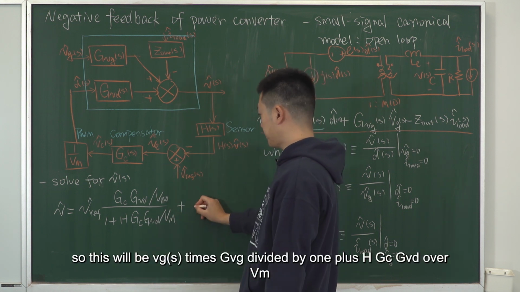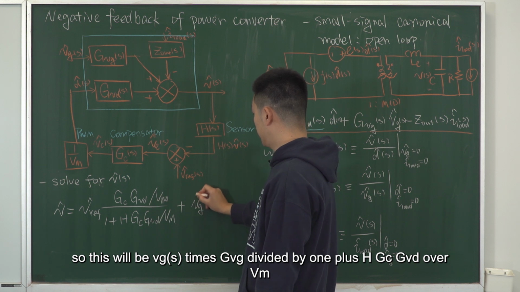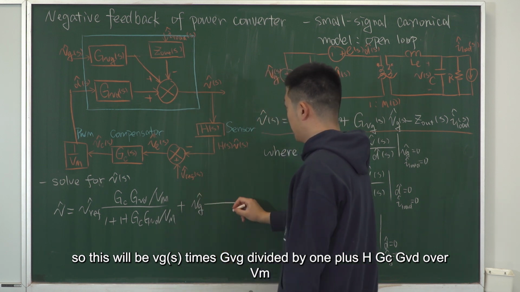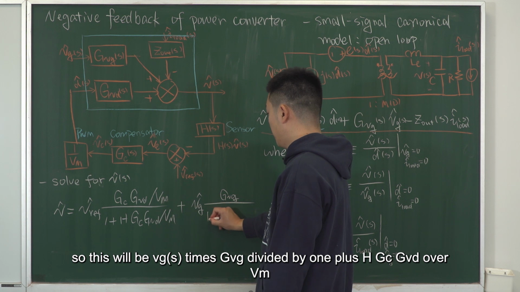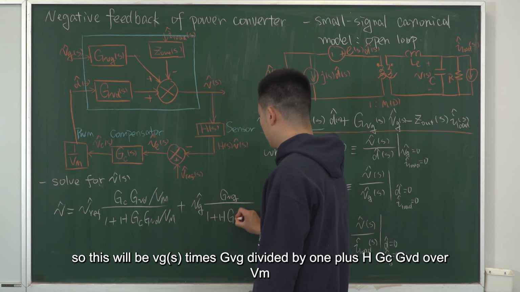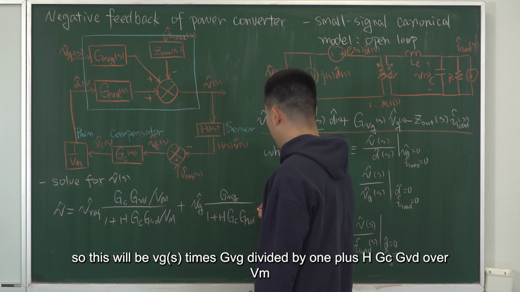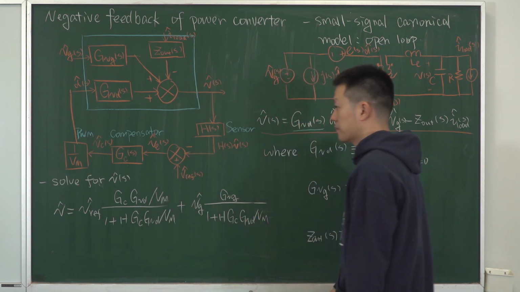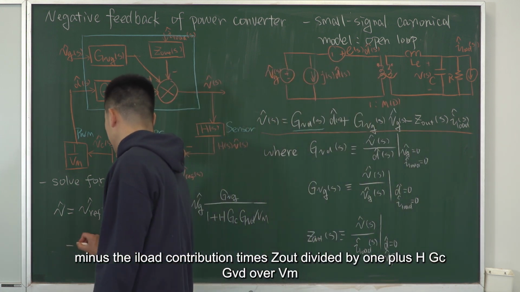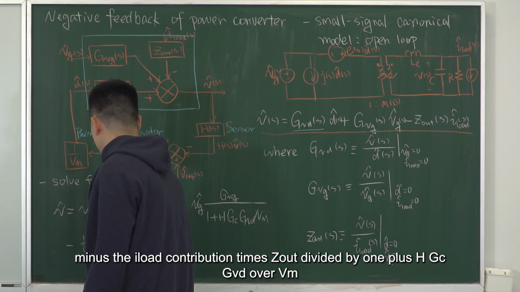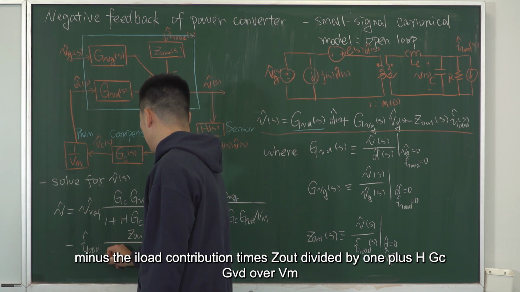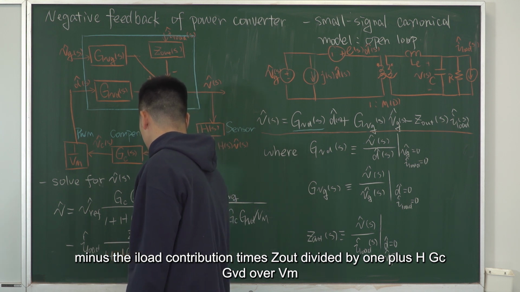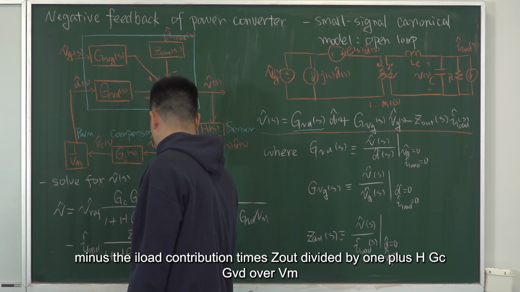So this will be Vg(s) times GVG divided by 1 plus H GC GVD over Vm, minus the iLoad contribution times Z out divided by 1 plus H GC GVD over Vm.